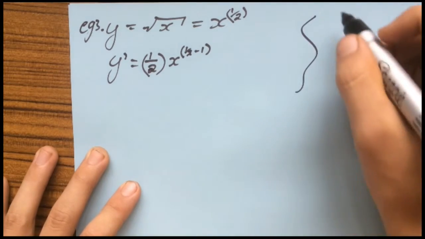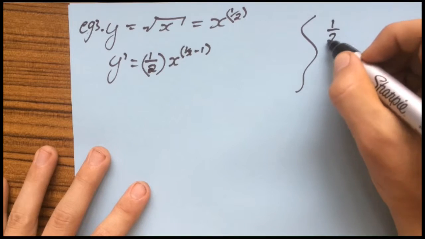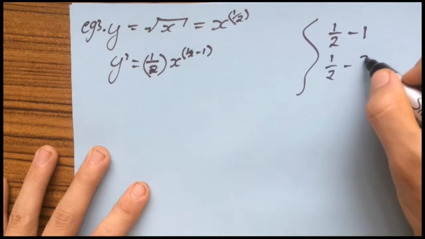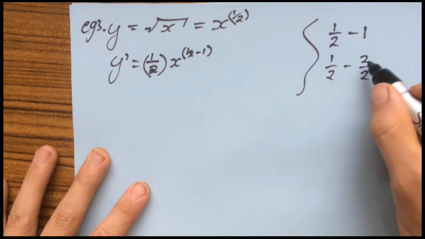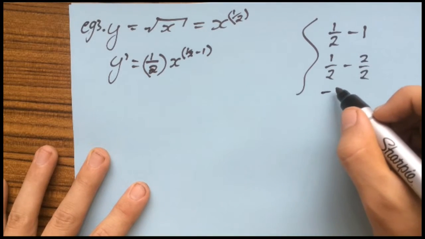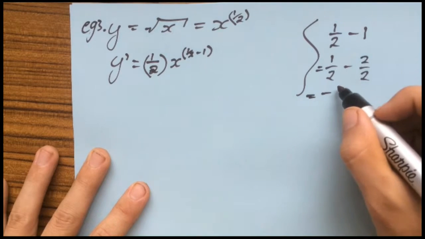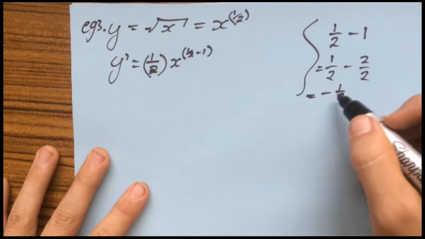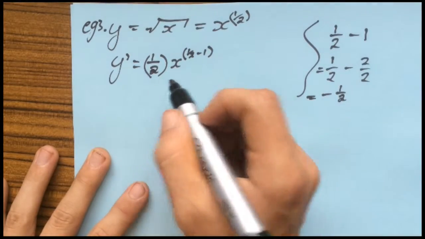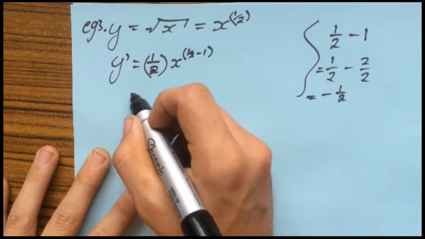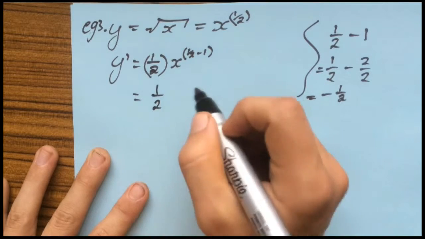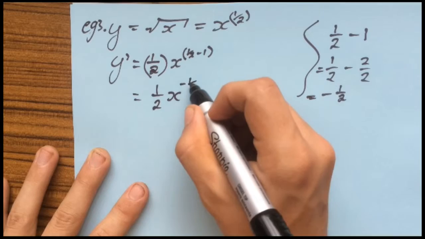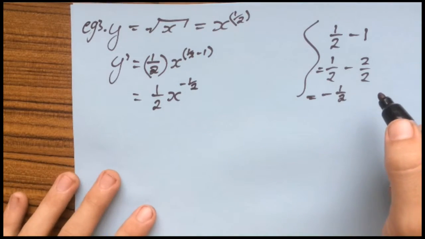Okay, so if you don't know, half take 1 is the same as a half take 2 over 2, because that's a whole, which is negative 1 over 2, because 1 take 2 is negative 1 over 2. Okay, so put that in, 1 over 2 x to the power of negative half.